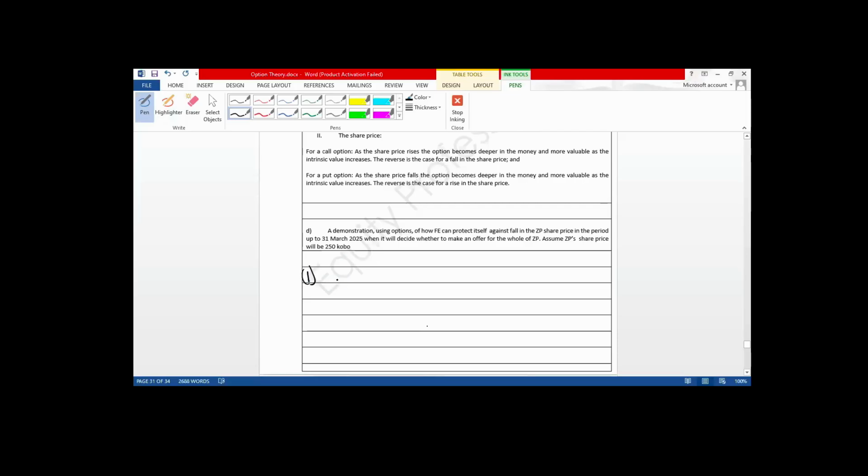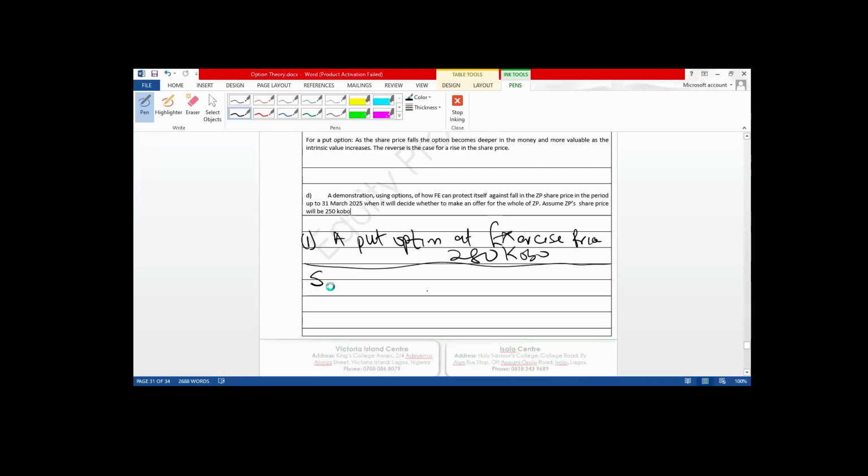One, a put option at exercise price 280 kobo. We can do a put option at exercise price 280. You have your stock market. At the stock market, the price is 287 kobo.